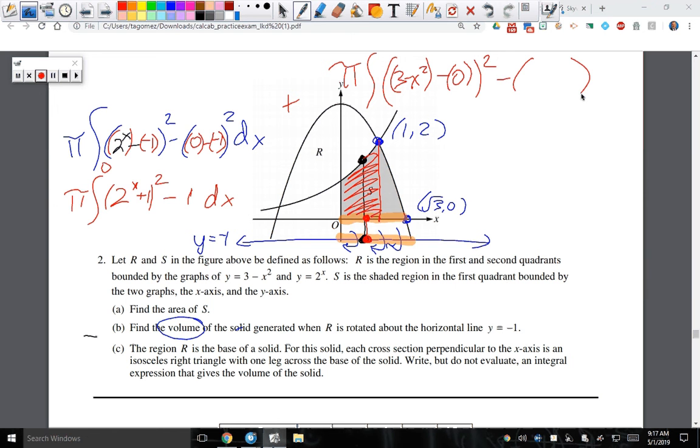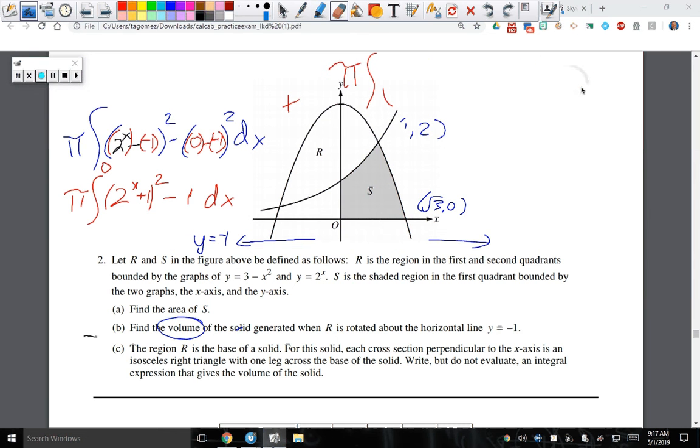So hold on. Let me slow down just a little bit. I went a little bit too fast, and my picture's all kind of whack right now. So before we start the second one, we are looking to find this right here, rotating about y equal to -1. So let's go from the axis of revolution to the outermost function, and the top function there is 3 minus x squared.